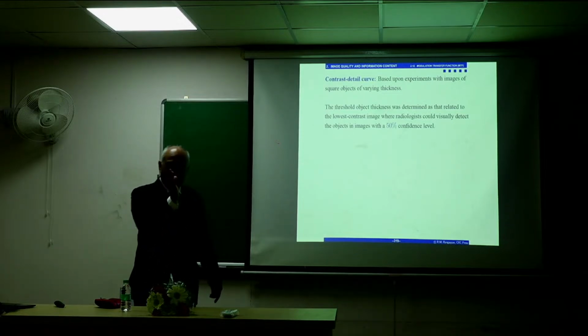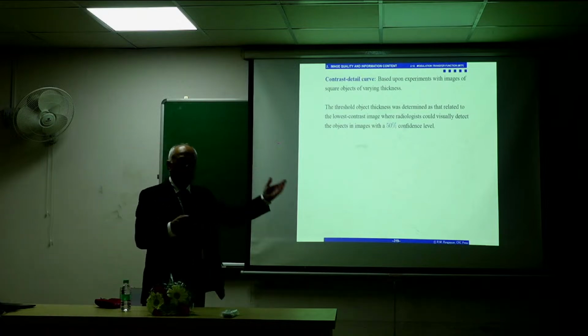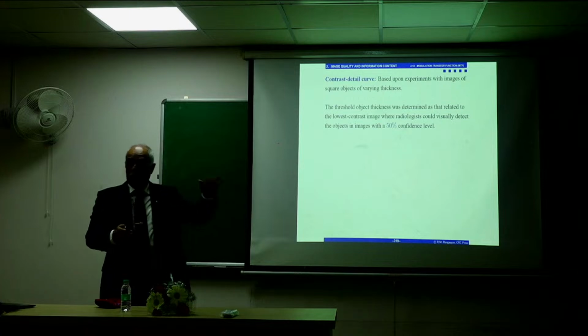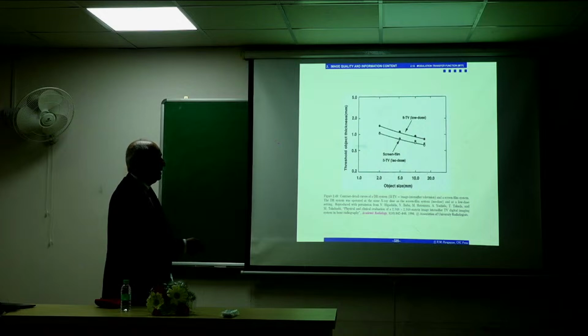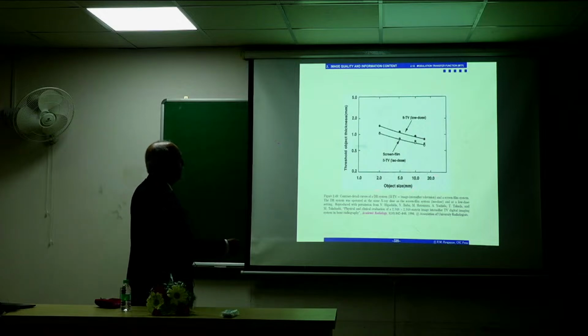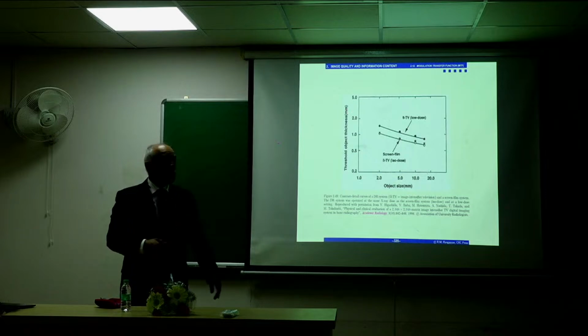So you find the cutoff point where the observer cannot see the object anymore. That is the contrast at which detection fails. And you can plot that. Object size, millimeters, threshold object detection, thickness in millimeters.